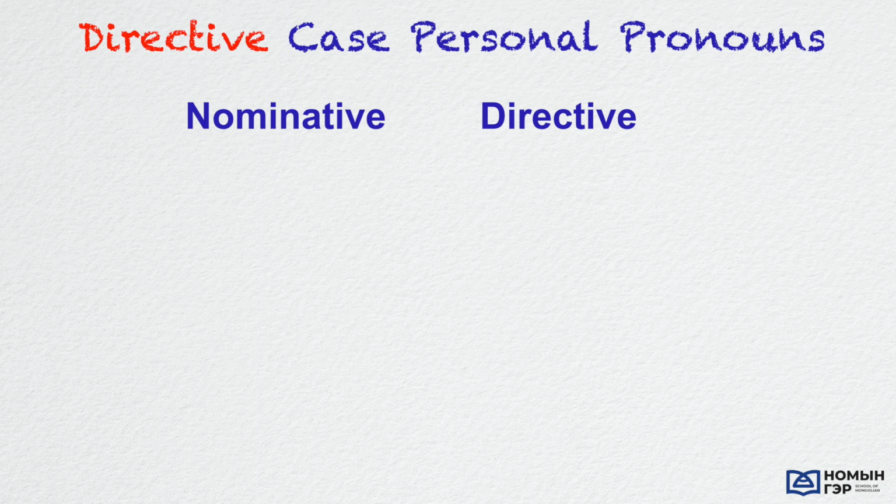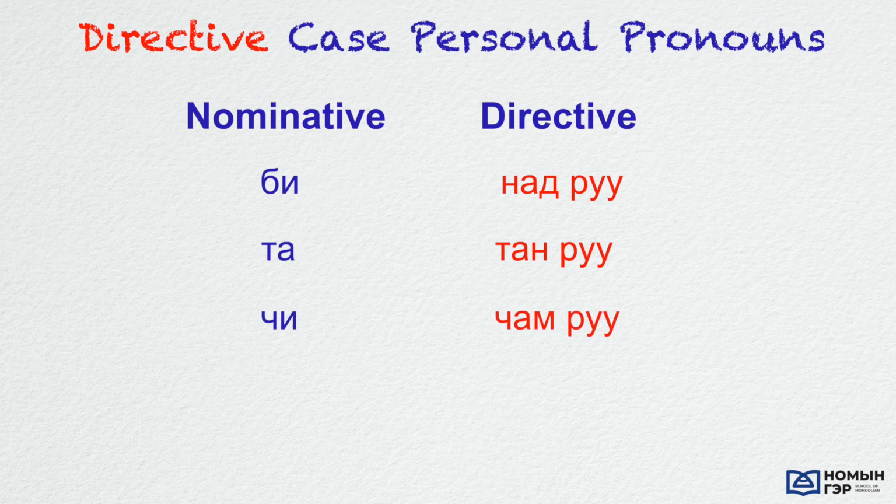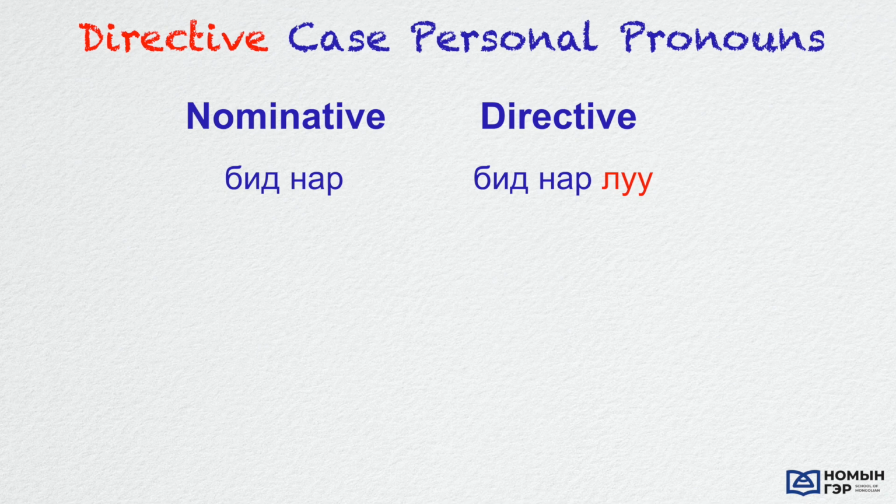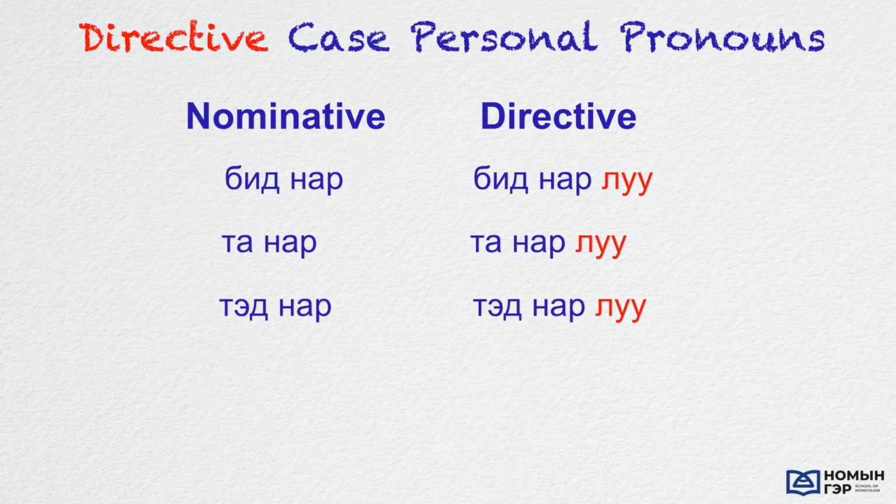Here are the personal pronouns in the directive case. Би, над руу, та, тань руу, чи, чам руу, тэр, түүн рүү, or тэрэн рүү, бид нар руу, та нар руу, тэд нар руу.